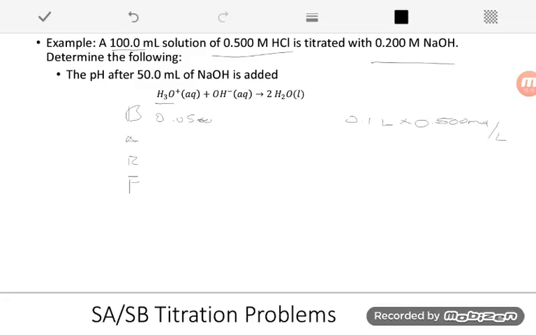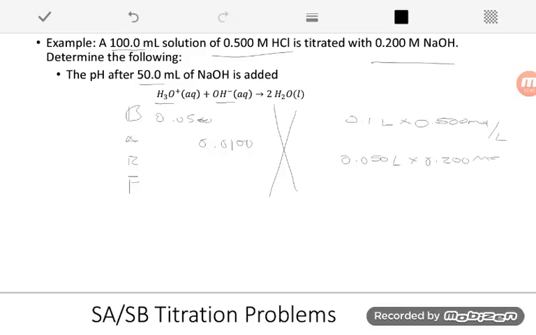0.0500. Same thing for the hydroxide. Now I'm adding 50 milliliters of it, which is 0.050 liters, and it is 0.2 molar. So I multiply those, and it means that I'm going to add 0.0100 moles of the hydroxide. I really don't worry about my waters. Just like in an ICE table, liquids and solids don't really matter, so I'm just going to ignore that.